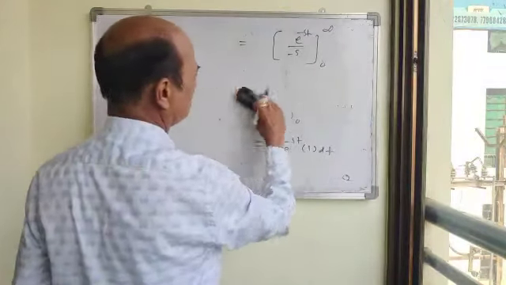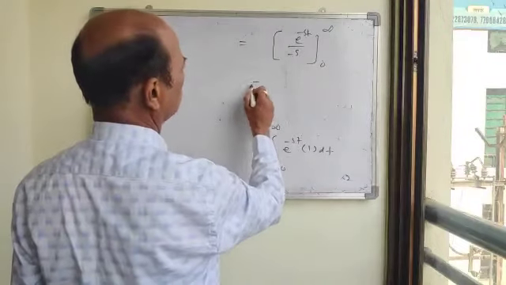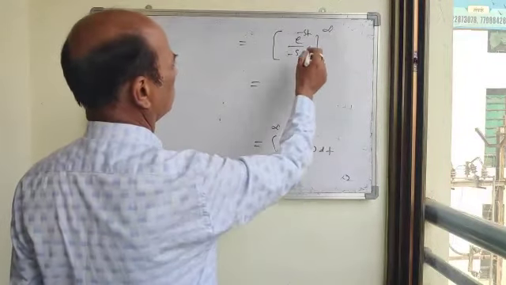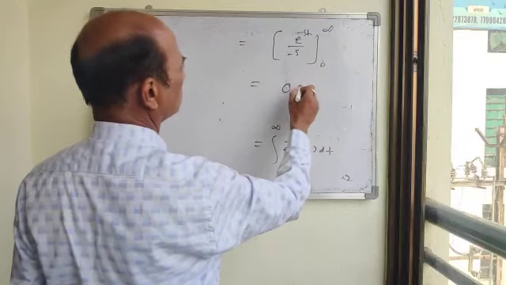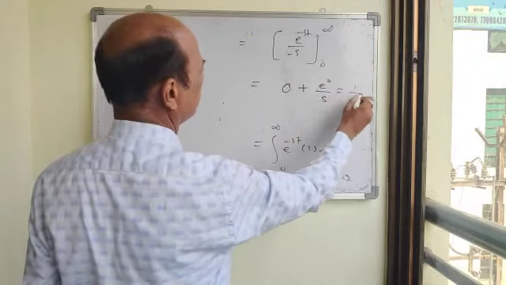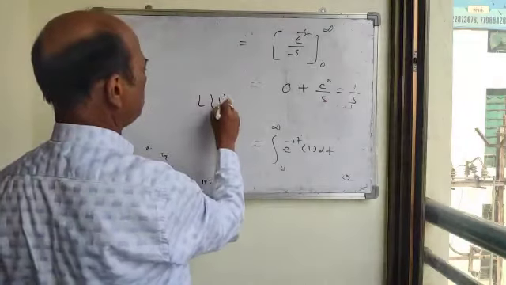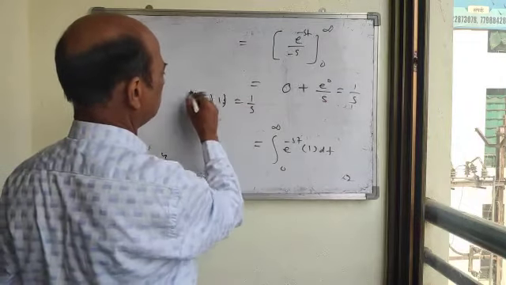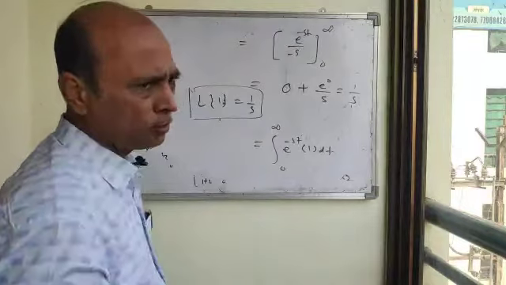If we take the upper limit and lower limit, we get 0 minus minus, plus e to the power 0 by s, that is 1 by s. So L of 1 is equal to 1 by s. This is the Laplace transform of 1.